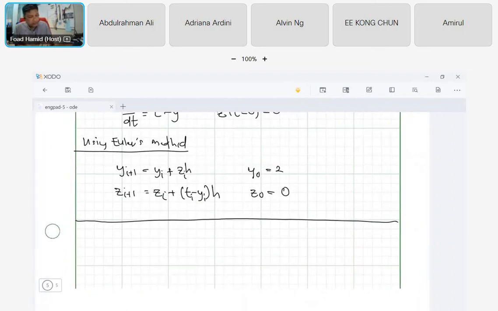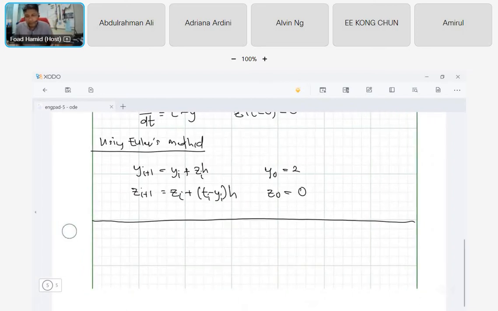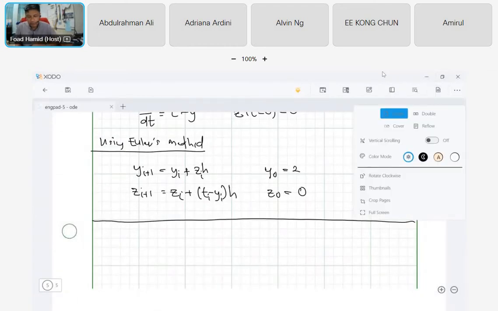Okay, so what we can do here, let me add more papers here because I'm running a lot of papers.